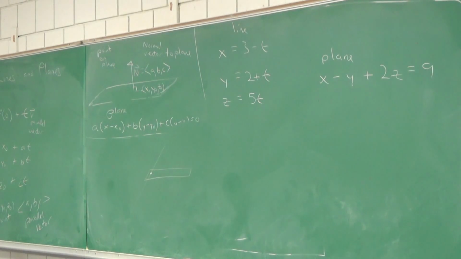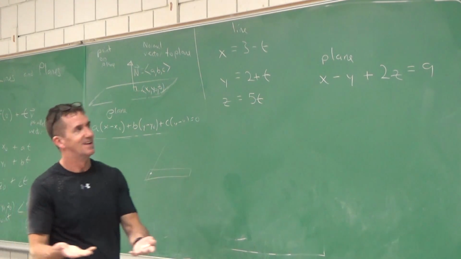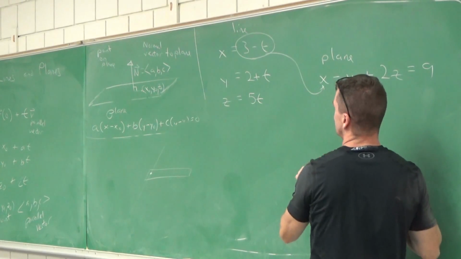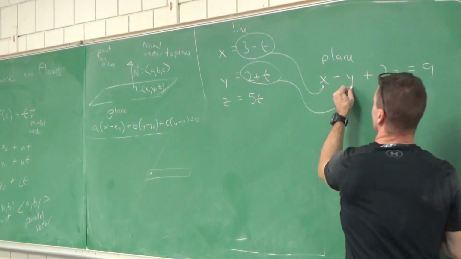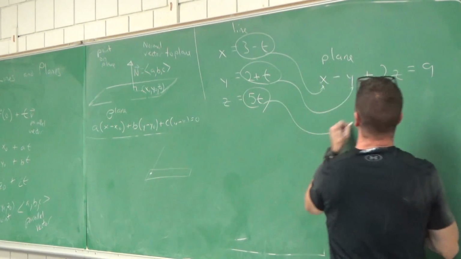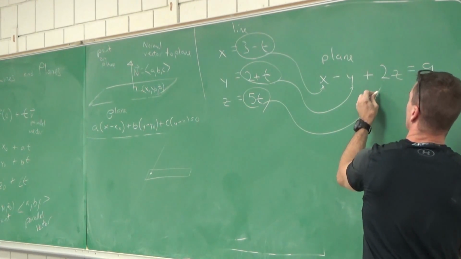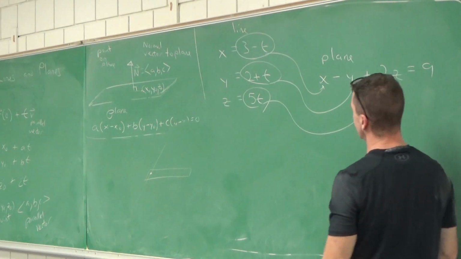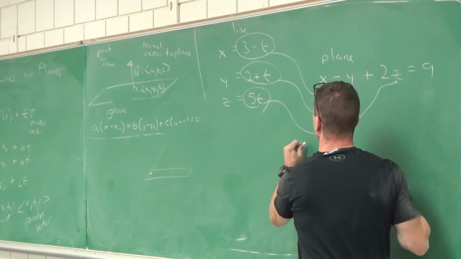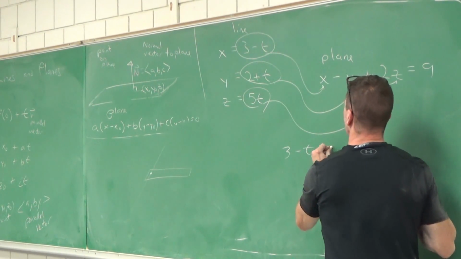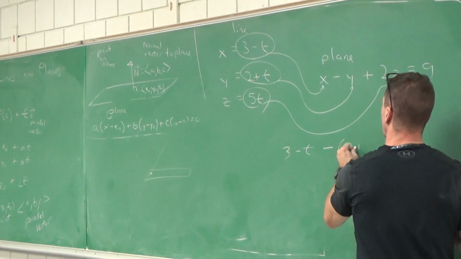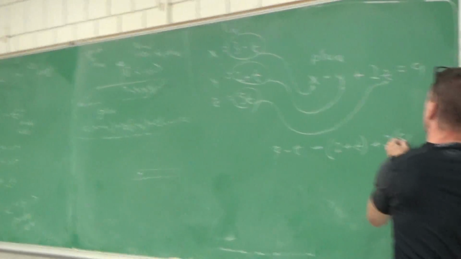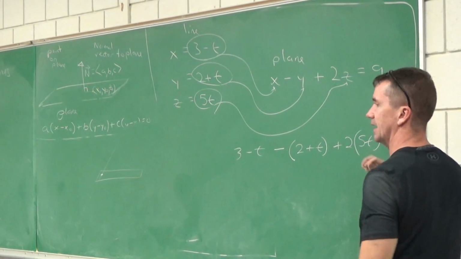Any suggestions? Yeah, x, replace it with 3 minus t. Take this, substitute it. Take this, substitute it where? y. There. Take this, substitute there, z. And then we're going to solve for what letter? t. You're good. 3 minus t minus 2 plus t plus 2 times 5t equals 9.